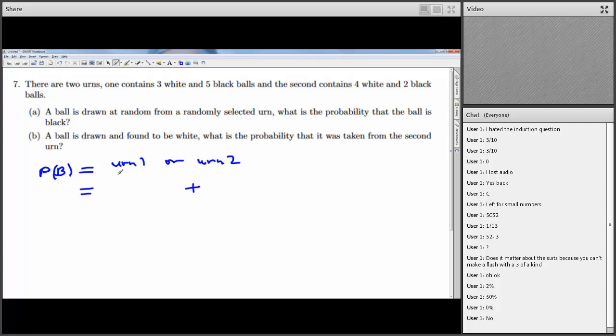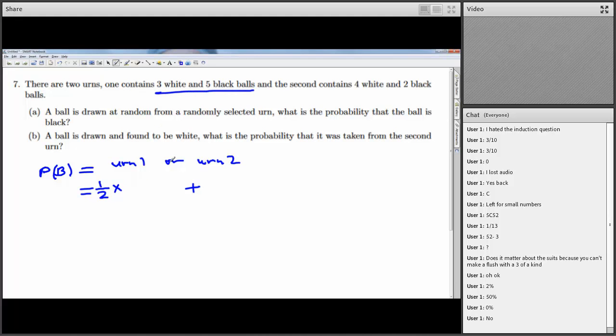So the probability of getting urn 1: well, first you've got to pick the urn. So there's a 1 in 2 chance of picking urn 1. Only half the time does that happen. And then you have to multiply that by the probability of getting a black ball. So this is the first urn, 3 white, 5 black.